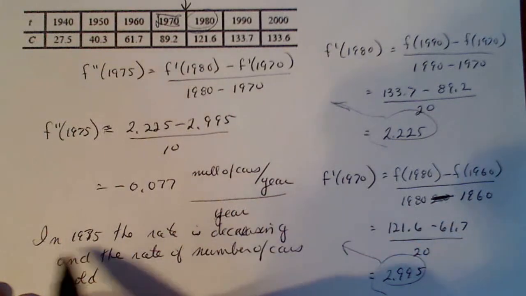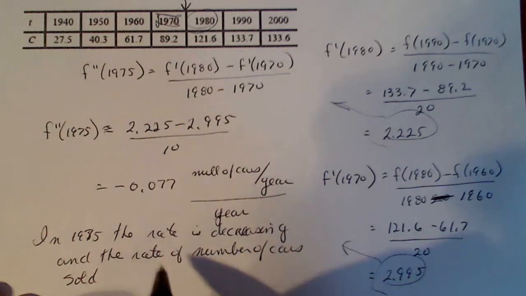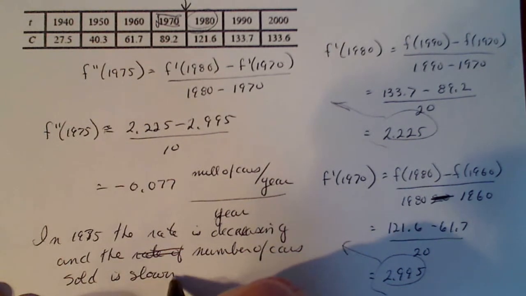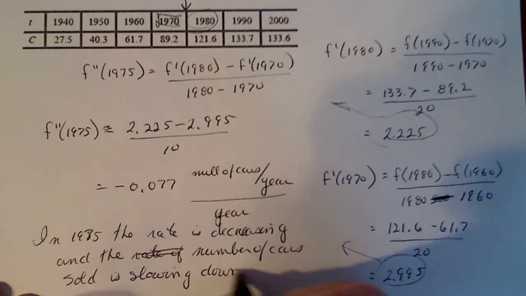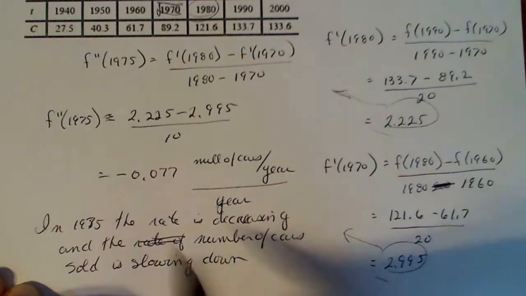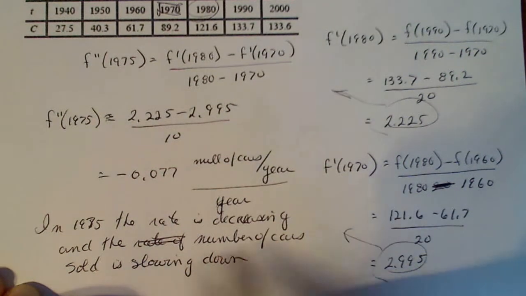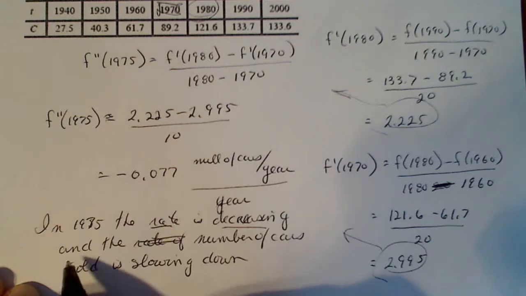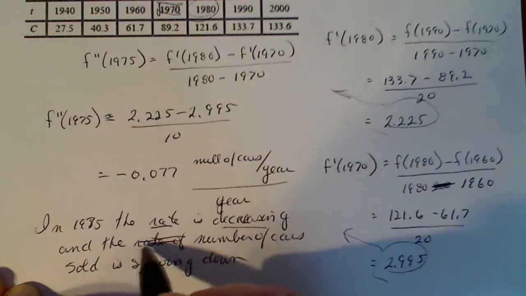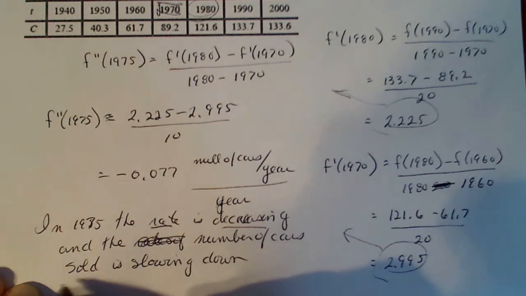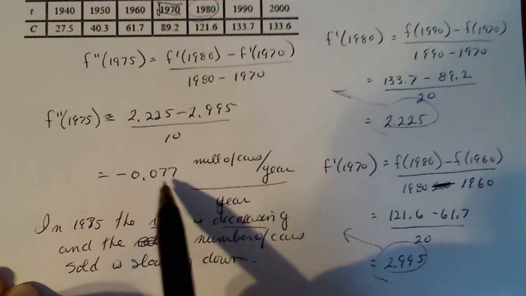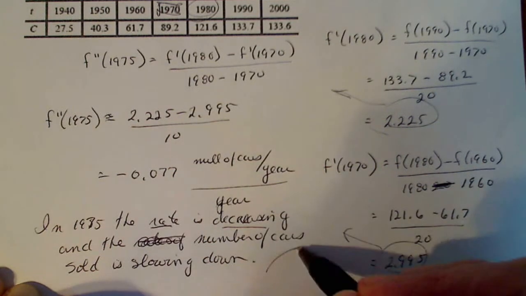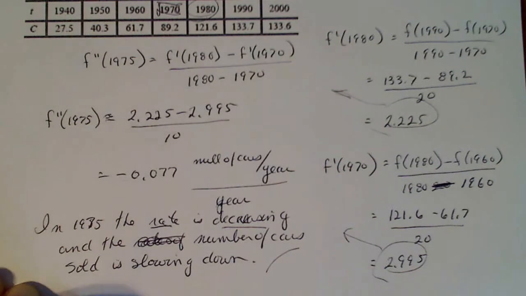This is really hard to do. In 1975, the rate is decreasing, and the number of cars sold is slowing down. There we go. You have to think about it. The rate is decreasing, that's this number, but how does that account for the actual number of cars? Therefore, the number of cars sold is slowing down. It's increasing at a decreasing rate, so it's slowing down like that. Wow, that's a tough problem.